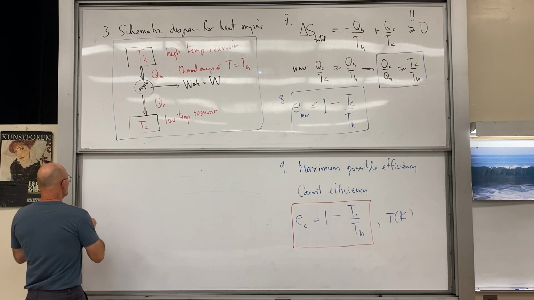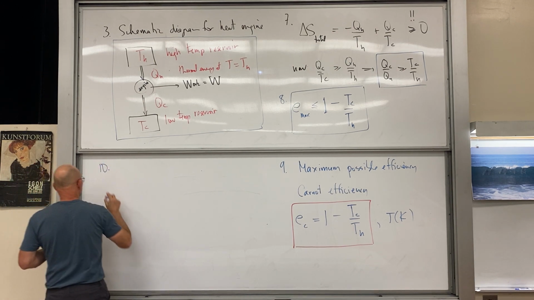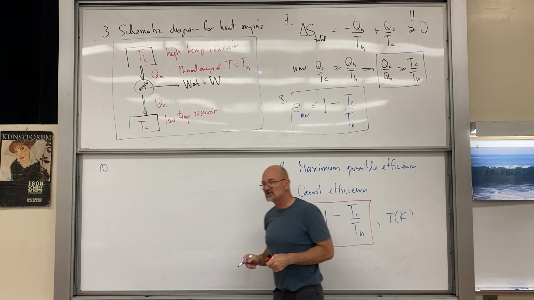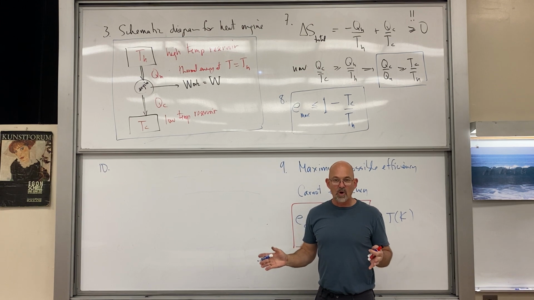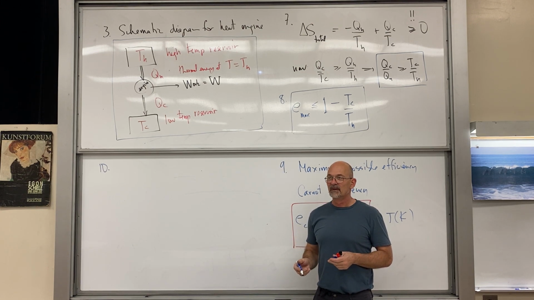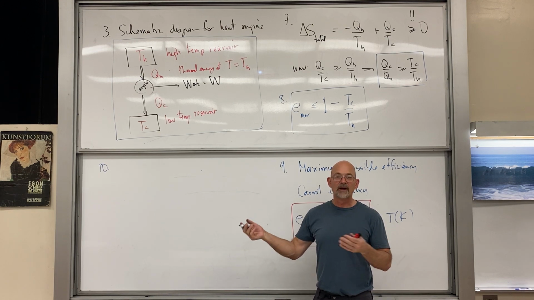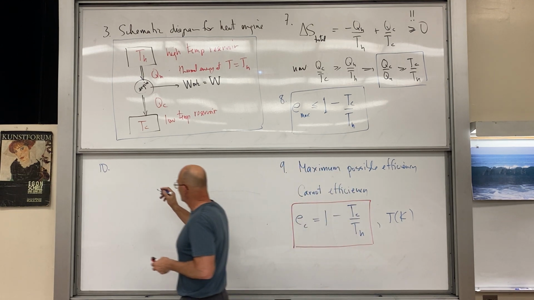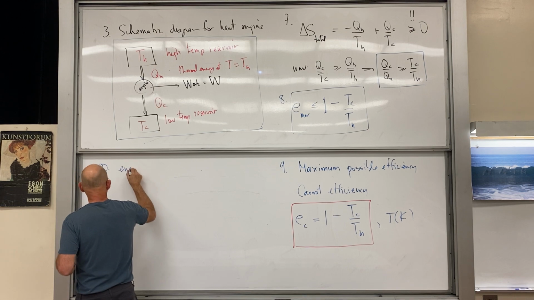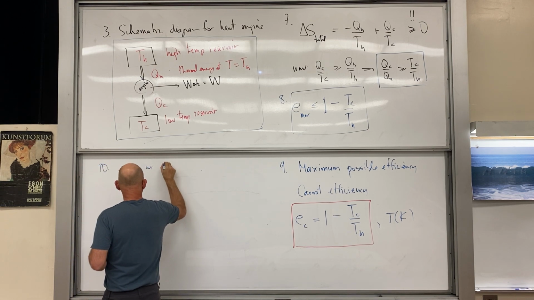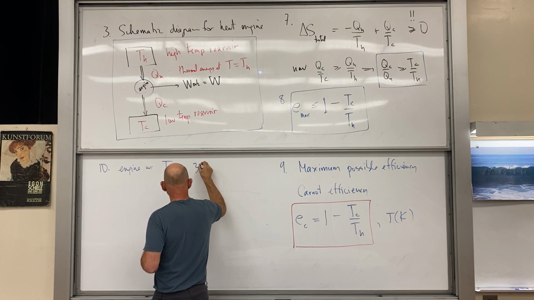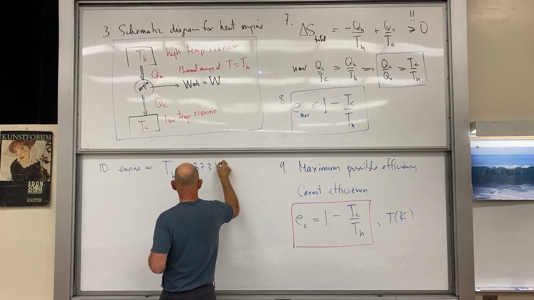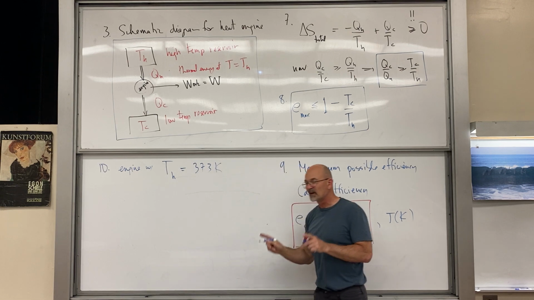So our first example, we can just imagine a steam engine that operates between boiling temperature of water at atmospheric pressure and room temperature. Okay. So an engine with TH equal to 373 Kelvin, right? That's 273 plus 100 degrees Celsius.